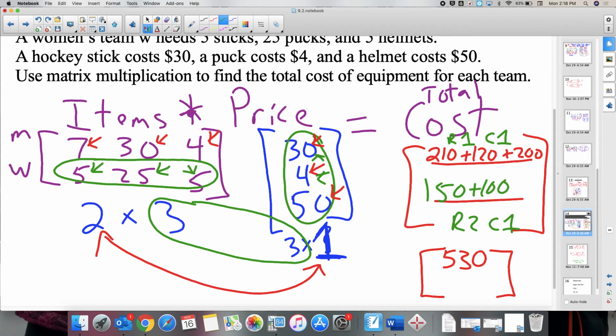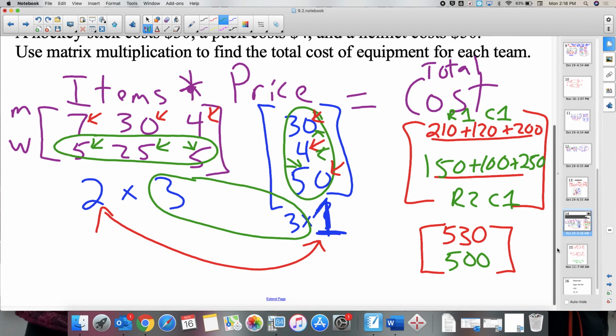Third value times third value, 5 times 50 is a positive 250. Add them all together and we get 500. What that tells me is my men's team was $530. My women's team was $500.